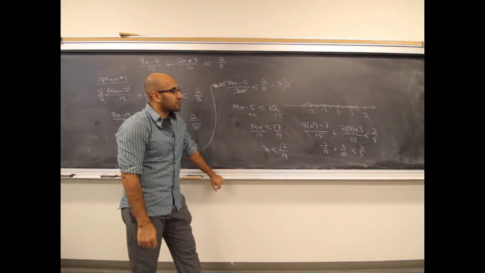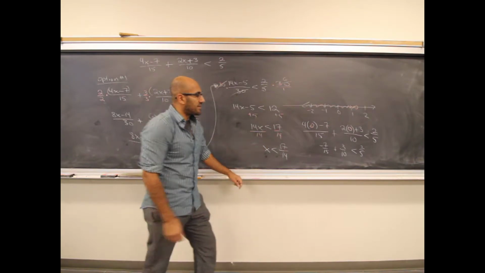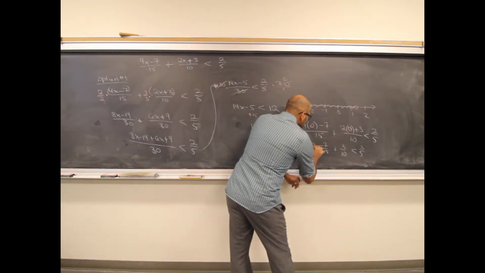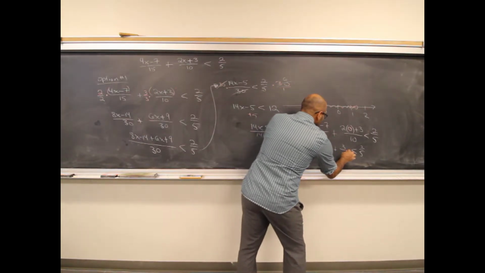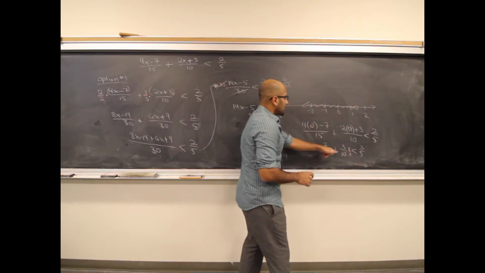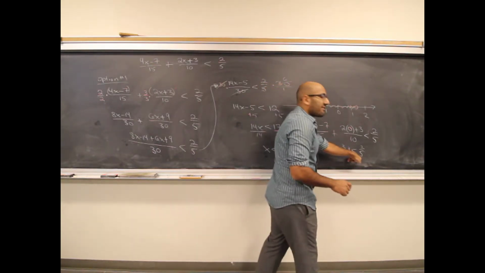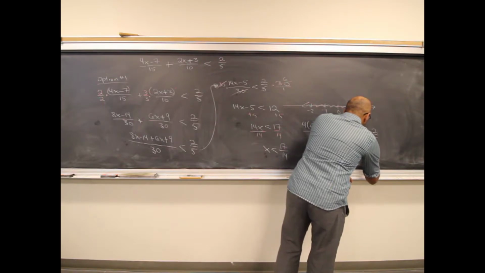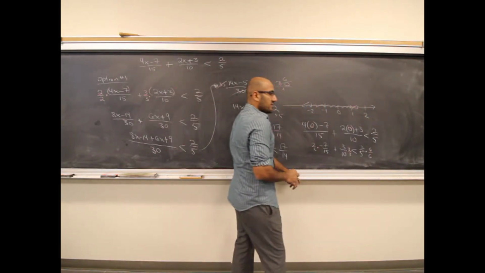Okay, common denominator is going to be, again, 30. So multiply this by 2 over 2, this by 3 over 3. Since this guy's going to be 30s, I might as well make that 30 as well, so that I have an easy comparison. So multiply that by 6 over 6.